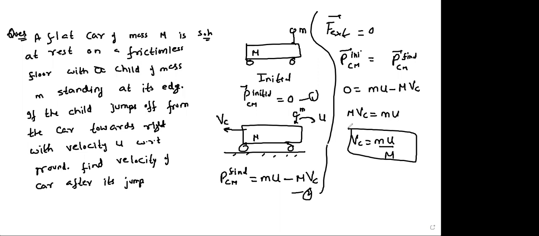Okay, so this completes translational motion of a rigid body. For translational motion, we studied the concept of center of mass. The next thing is rotational motion of a rigid body. So let's recall everything. We started translational motion with the concept of center of mass.